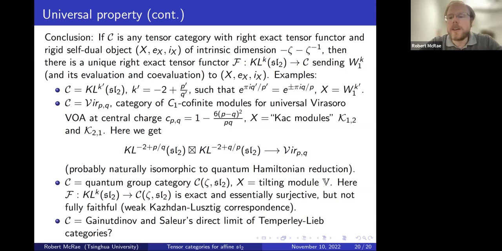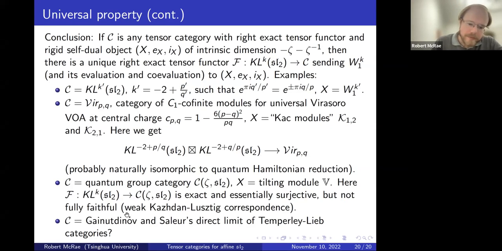And it looks like this category they constructed is actually equivalent to KLK for SL2. But probably we can even show at the moment that they are equivalent simply as categories. Whether they have the same tensor structure, I guess, depends on whether the right objects in their category are rigid or not, which I'm not sure if they addressed.